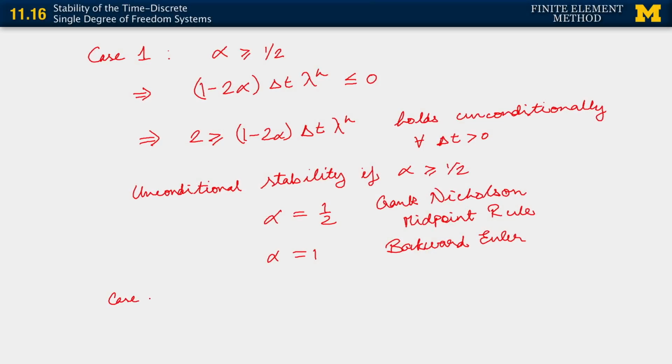Okay? Case 2 is the interesting one. Case 2 is that alpha belongs to 0, 1/2, not including the 1/2, which is basically 0 is lesser than or equal to alpha is less than 1/2. This is the other case.